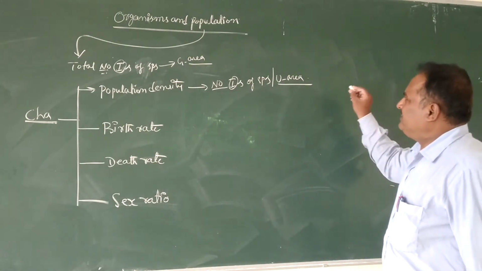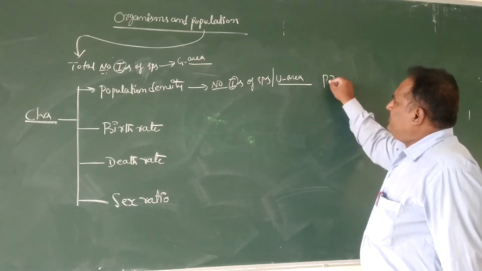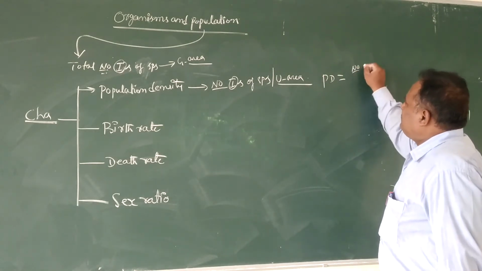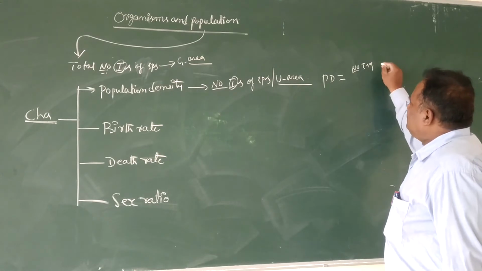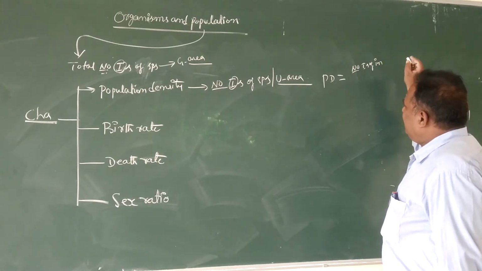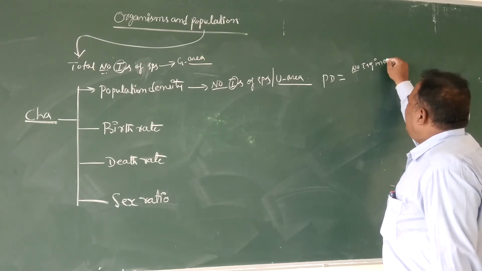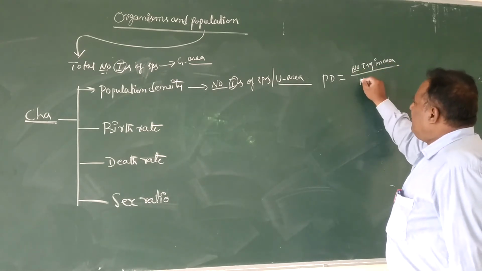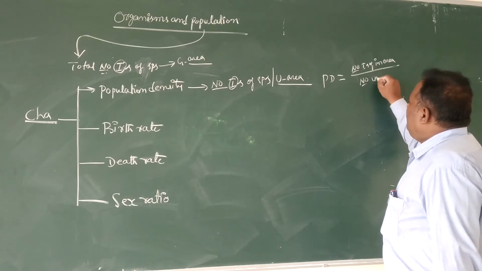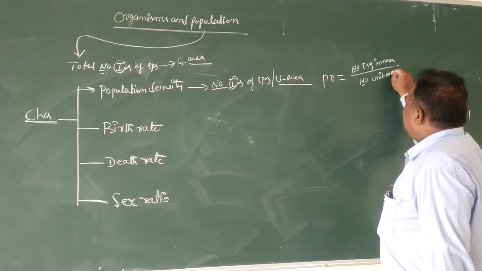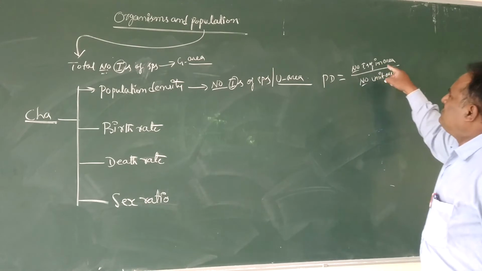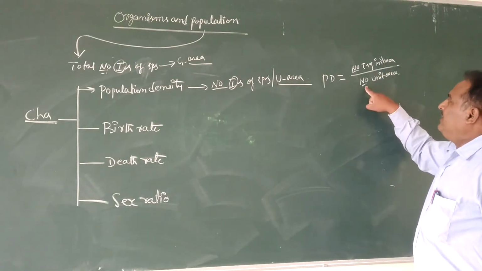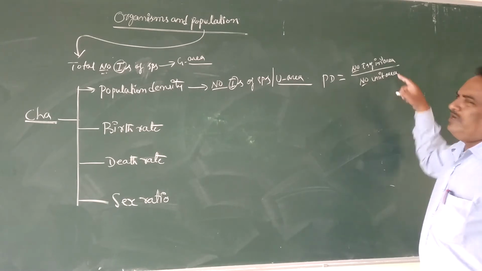Population density is always equal to the number of individuals in a unit area divided by the number of unit areas.